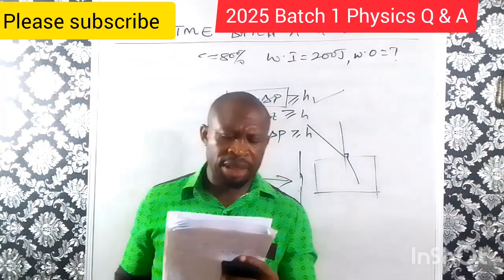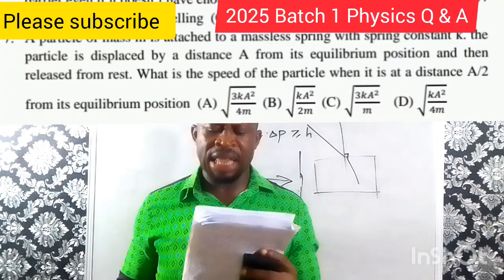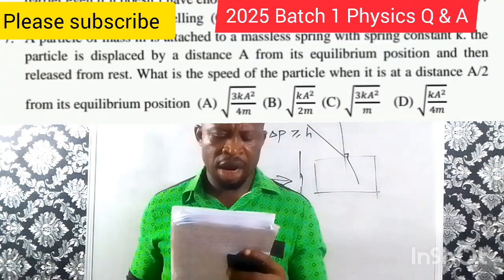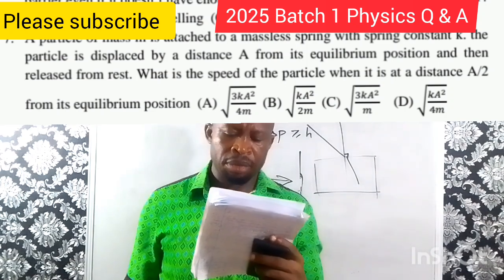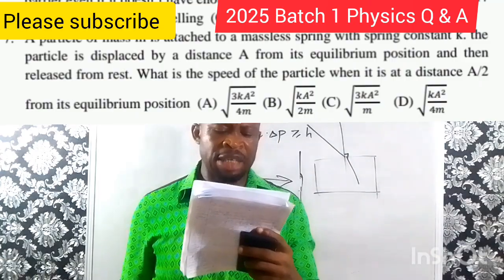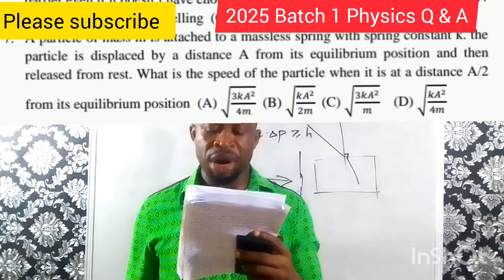And this question says, a particle of mass m is attached to a massless spring with spring constant k. The particle is displaced by a distance a from its original position and then released from rest.